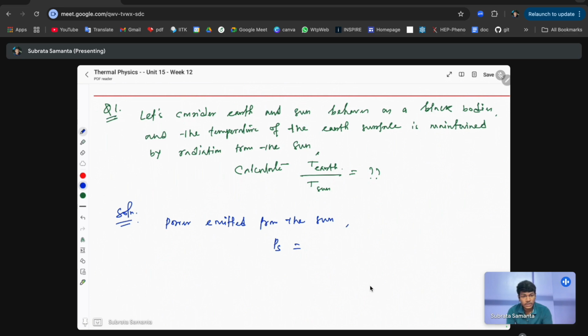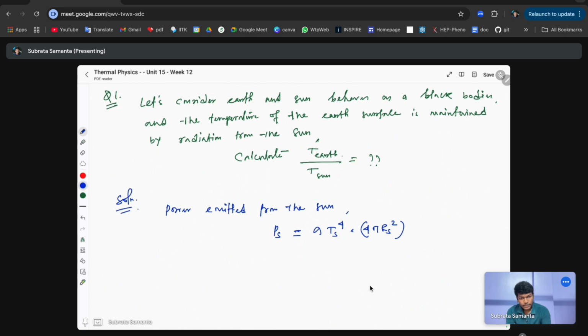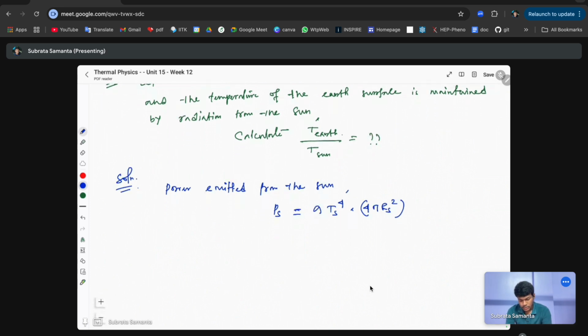What is the power emitted from the sun? Again, sigma T to the power 4 times area. Let's consider both are spherical objects. So sigma Ts to the power 4 times area, 4 pi r square. This power emitted from the sun is the luminosity.